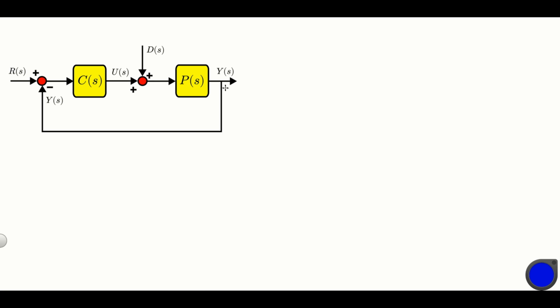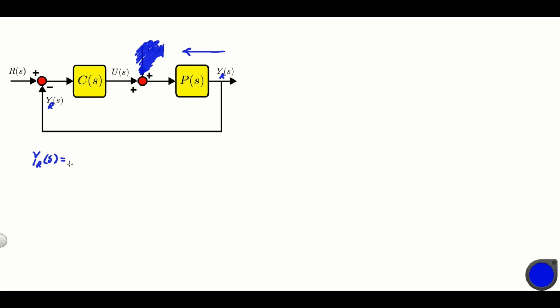Okay, let's compute y_r of s. As mentioned previously, we assume that d of s doesn't exist. That is, we set it to 0. Then y becomes y_r, as over here. And then, similarly to the previous case, we go backwards and we can write y_r of s is equal to, what do we see over here?